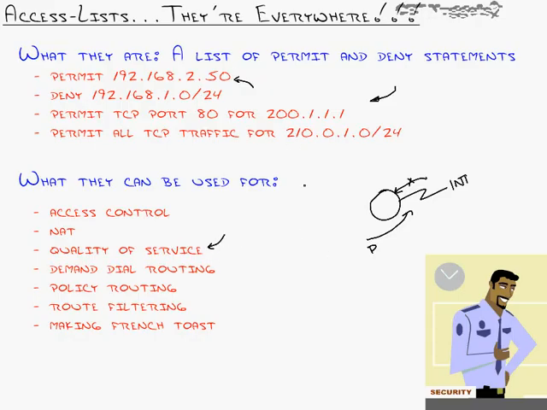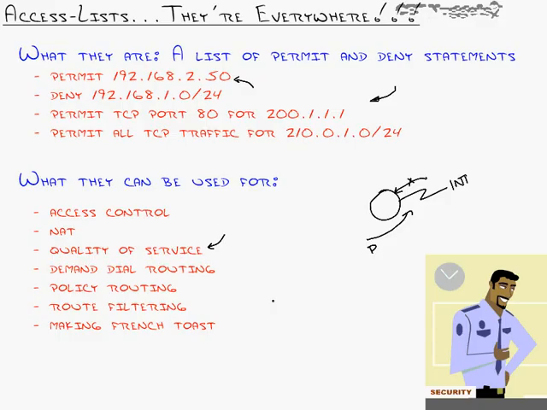You could use it for quality of service. Tweak this example a little more and have this same list. I could say this host is permitted to receive priority on the network. That's what quality of service is all about, is prioritizing some traffic and deprioritizing others. So I can say that this host gets priority.